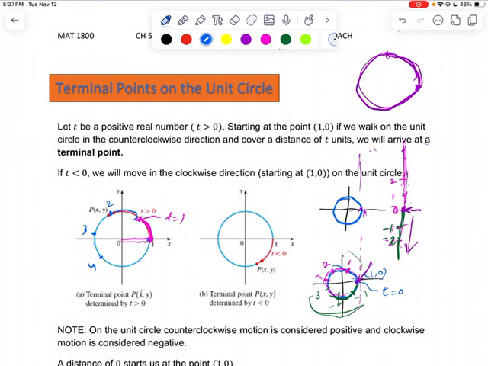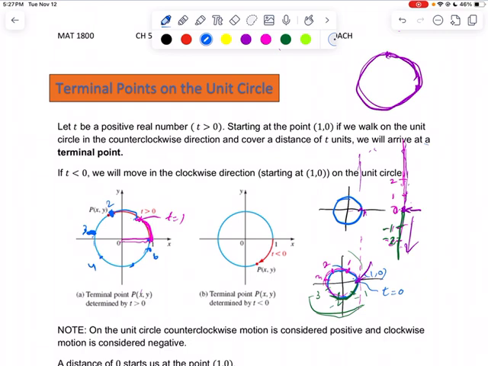Somewhere here will be 5, and here will be 6, and then 7, and then 8, and so this is what we mean by the values of t. So if someone has traveled 2 units, then they have arrived at this point. If they travel 3 units, then they will be arriving at this point, and so on.